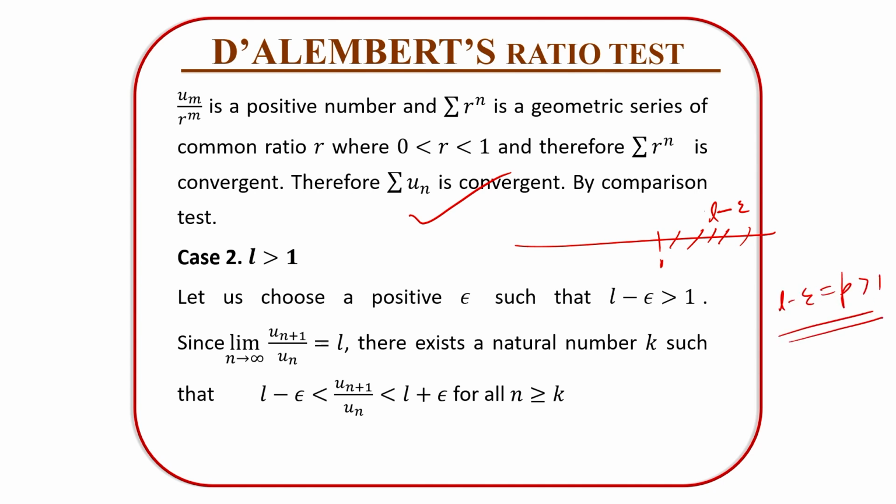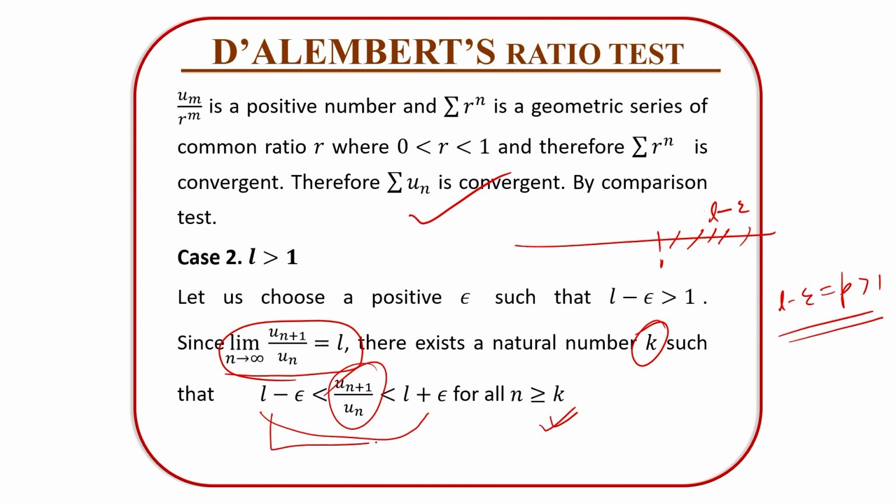Use the limiting value property, because the limit as n tends to infinity of u(n+1) divided by u(n) equals L is given. Therefore, for very small epsilon greater than 0, there exists a positive number k such that L minus epsilon is less than u(n+1)/u(n), which is less than L plus epsilon, for all n greater than or equal to k.